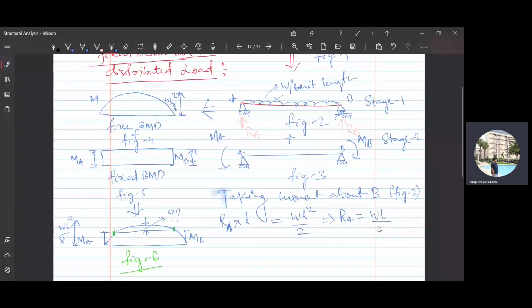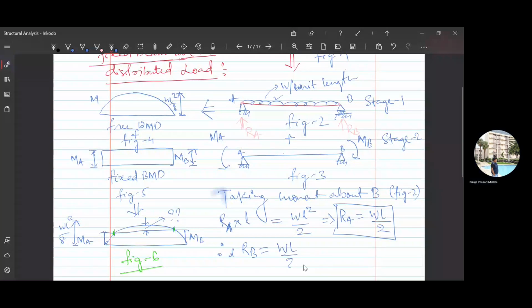WL by 2. So if RA is WL by 2, therefore, how much will be RB? WL by 2. Okay. So now RA equals to WL by 2, RB equals to WL by 2.